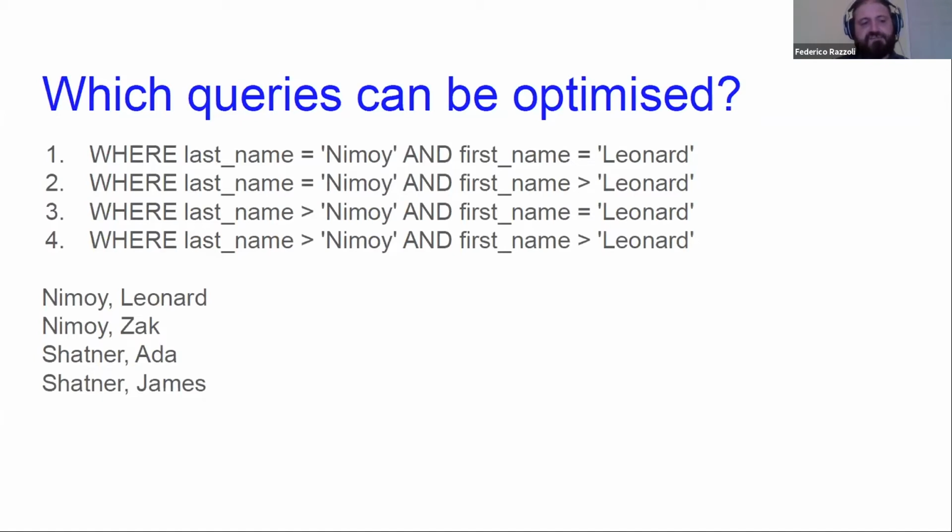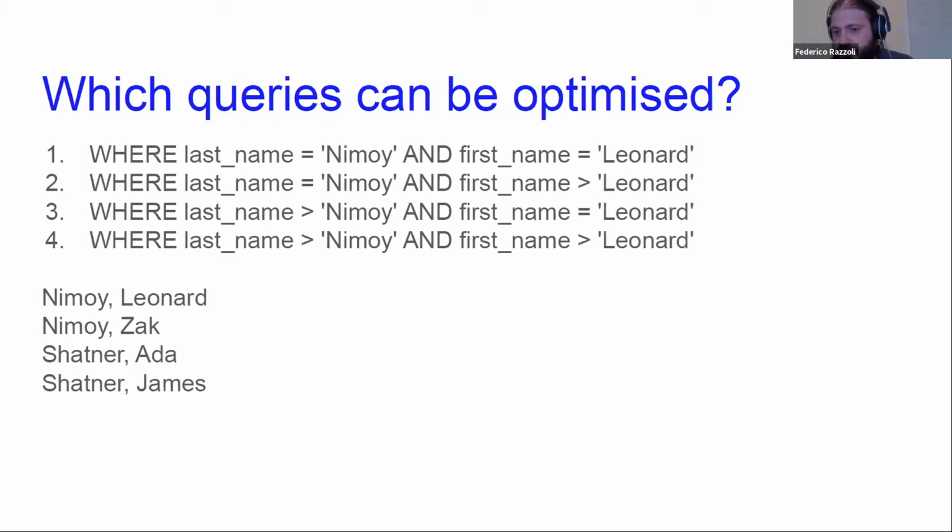You can see that even if MySQL scrolls the index, yes, it will find all the last names greater than Nimoy, but it could find a lot of names that are not greater than Leonard, right?